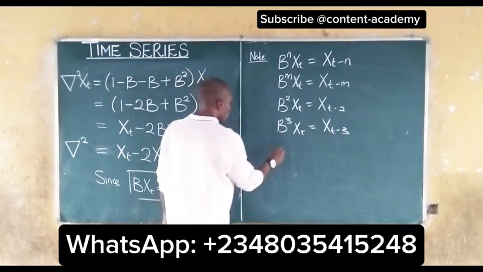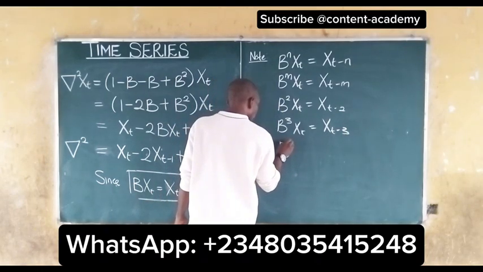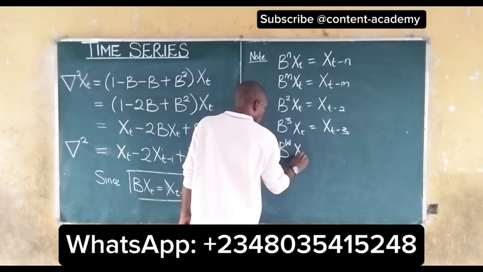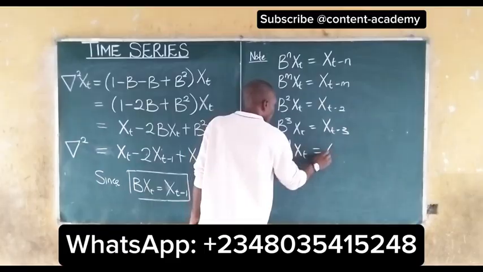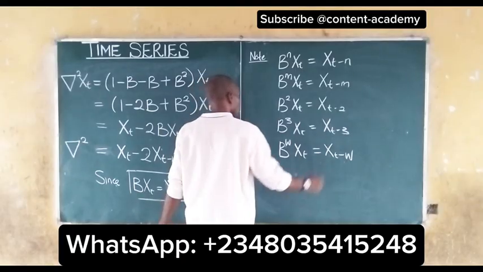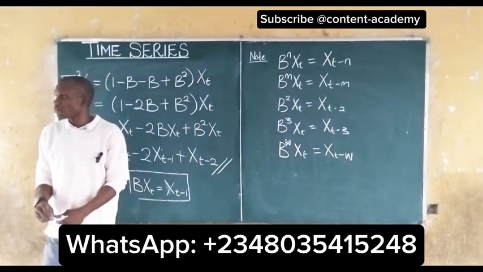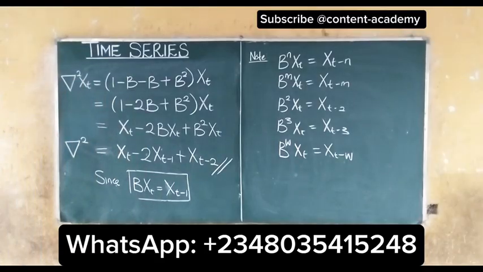So it's very simple. Whatever you write here, if you have W here, you can write X_{t-W}. So this is how the backward shift operator works.